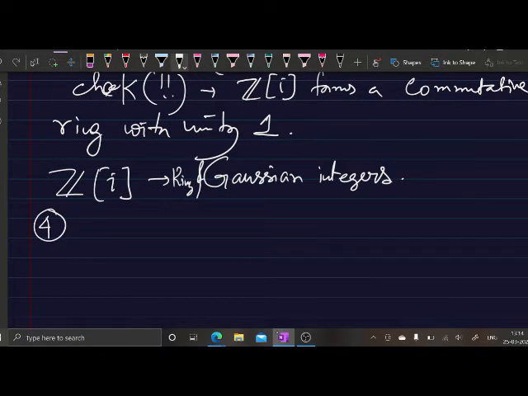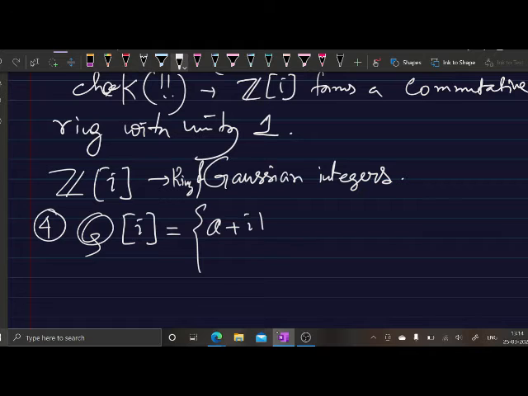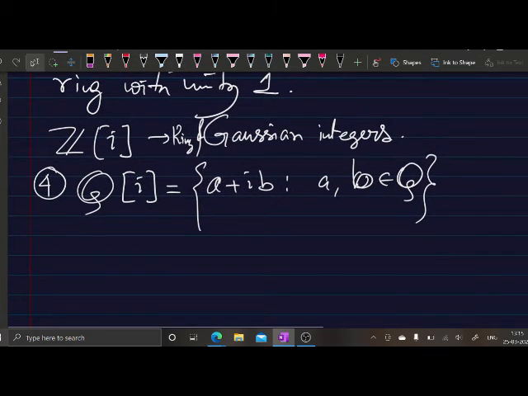If you define Q[i] instead of Z[i], that is, we consider those complex numbers whose real and imaginary parts are rationals, in a similar way you can check that this will form a commutative ring with unity.